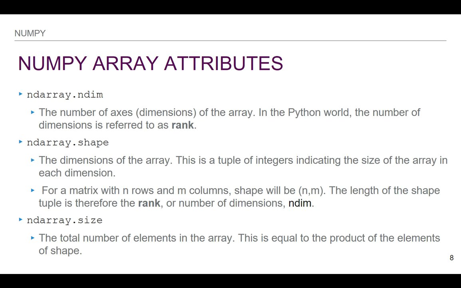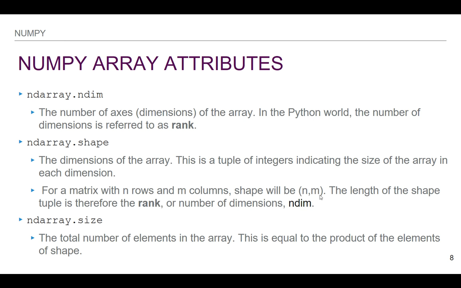Here are a few NumPy array attributes. ndim, number of dimensions, also called the rank of the array. The shape is a tuple of integers indicating the size of the array in each dimension. So it will be a tuple of n and m in the case of a matrix.